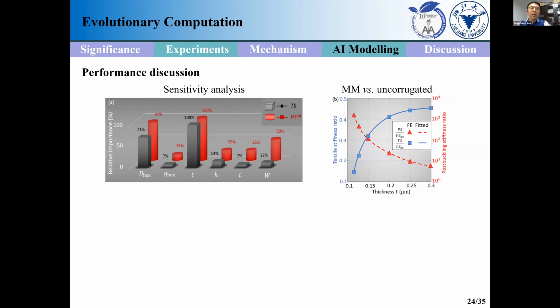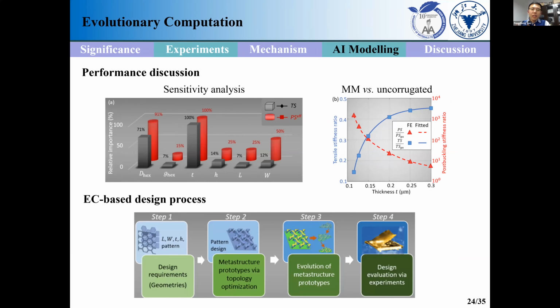And this part is the performance discussion, such as sensitivity analysis in terms of different variables. Because of time, I'm not going to get into details of this part. But all in all, in artificial intelligence modeling, we have developed an EC-based model to help us predict the mechanical performance of our plates, and the model can also help us do the inverse design.